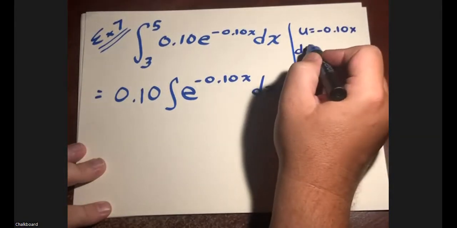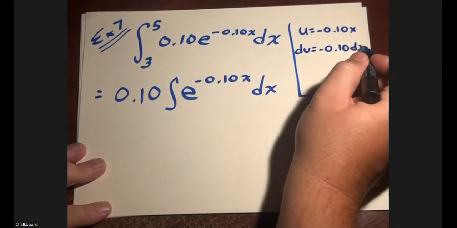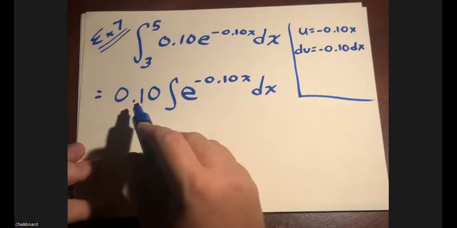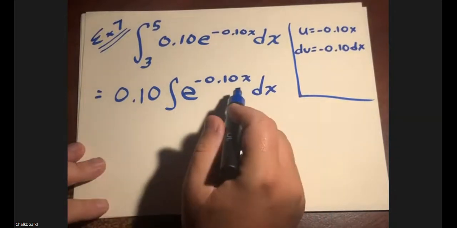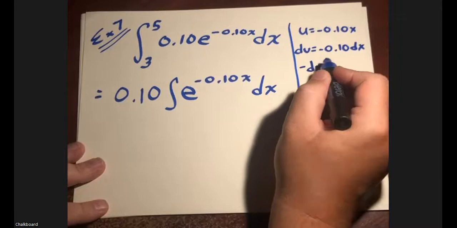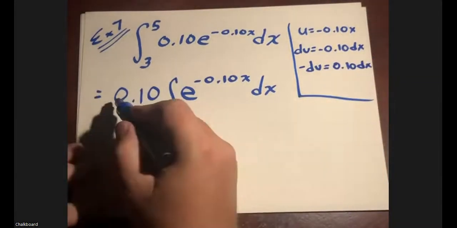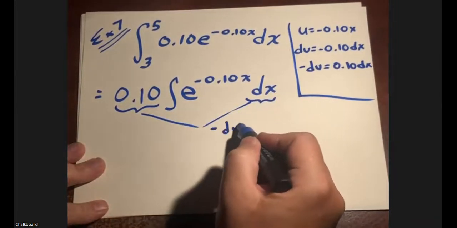That means that du equals negative 0.10 dx. Now I do have 0.10 dx actually right here. Maybe I don't need to take it out. That's cool. I could just put it back in, but don't forget it's negative. So let's make this negative du equals 0.10 dx. That way when I take this out, I make sure I include negative du for that.